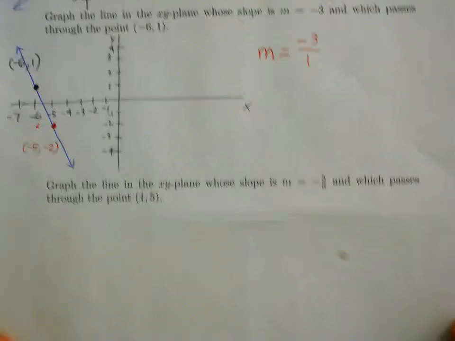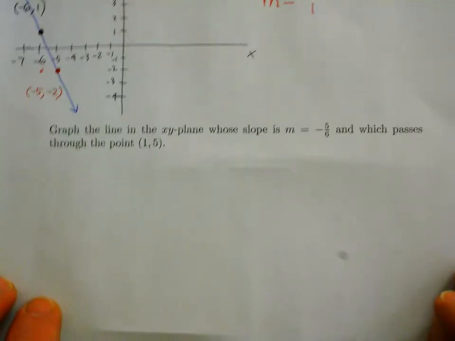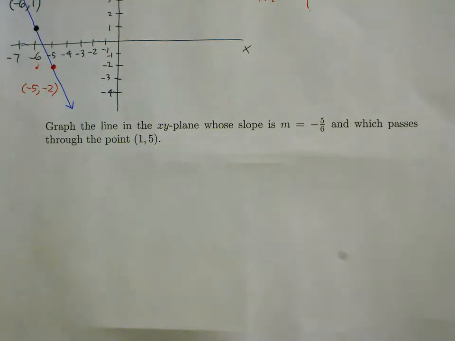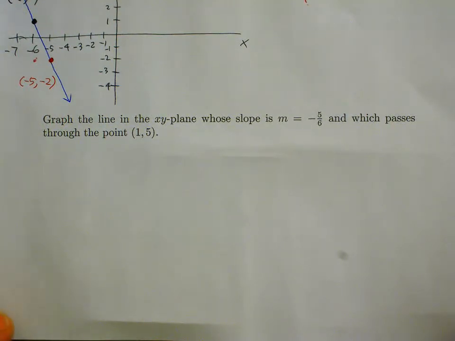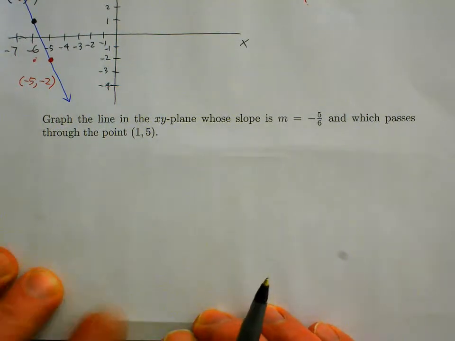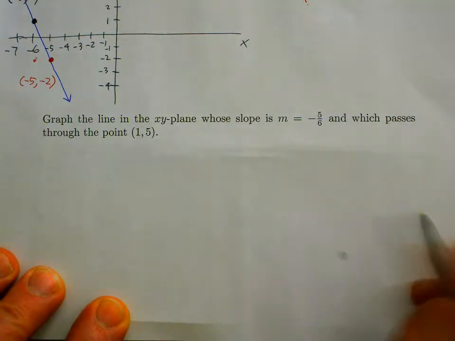Okay, the next example, another one of the same sort. Graph the line in the xy plane whose slope is m equals -5/6, and which passes through the point 1, 5.